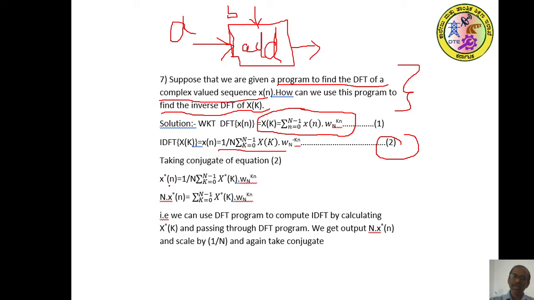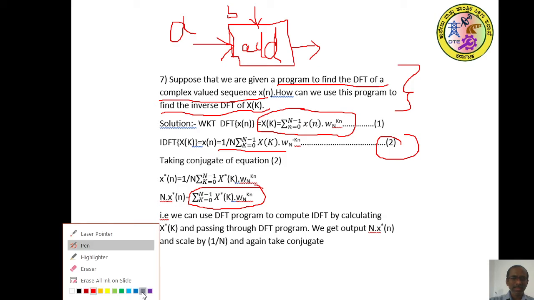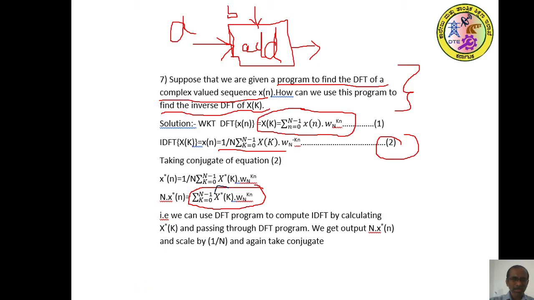I'll cross multiply this n also to the other side and rearrange, and see this formula. This formula 100% looks like a DFT formula, but instead of giving x of n, they have given x star of k.